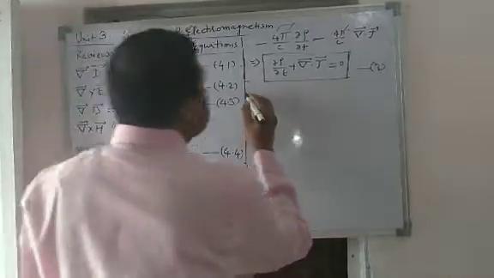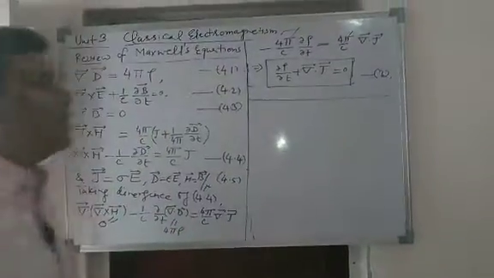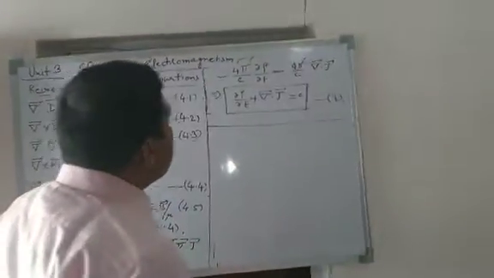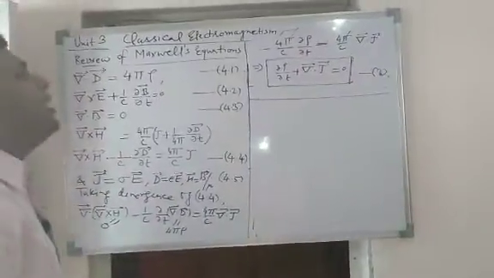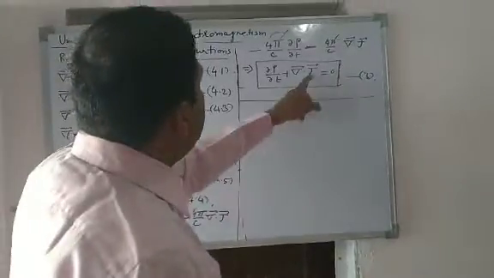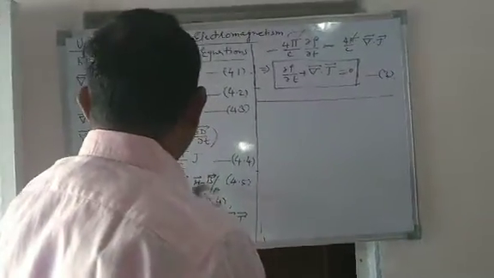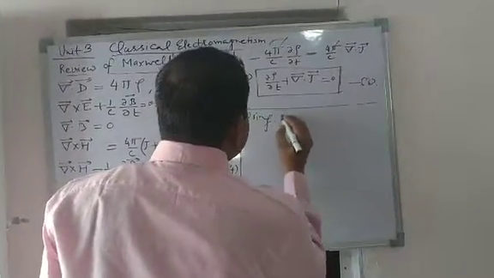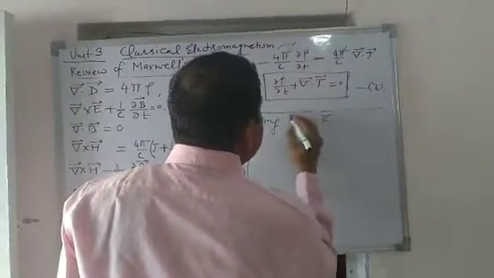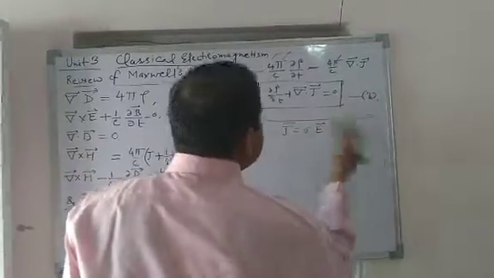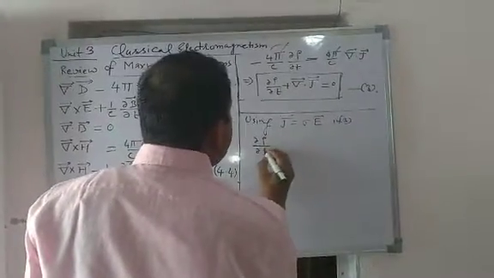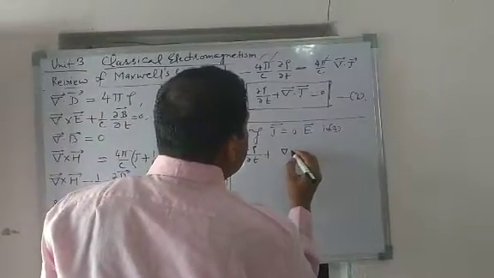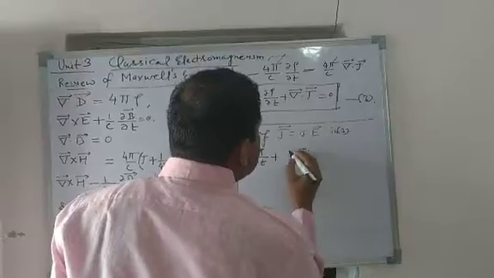However, let us start studying some more interesting features of the equation of continuity. I will use relation 4.5, where J is sigma E. Using J equals sigma E in 3, we have del rho by del t plus sigma del dot E, where sigma is a constant.